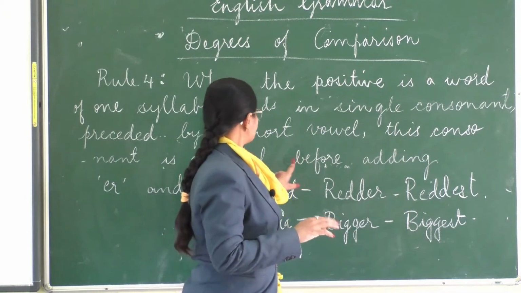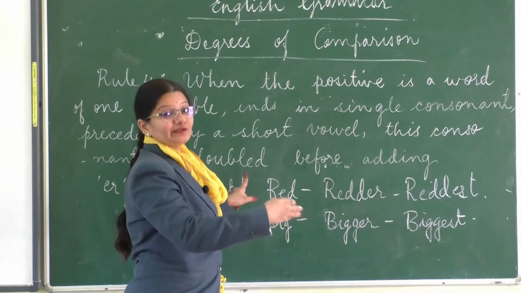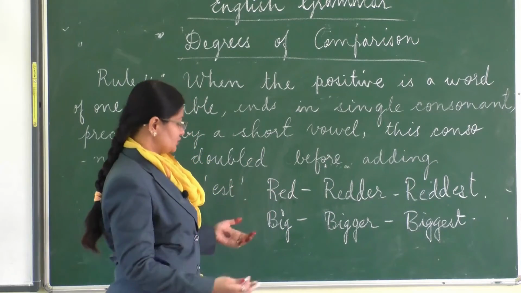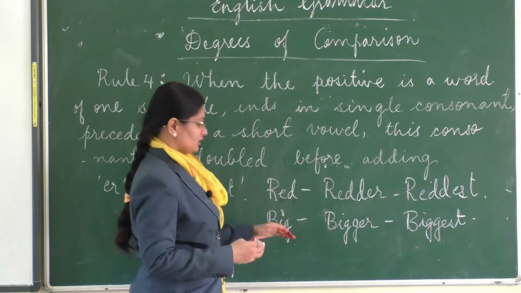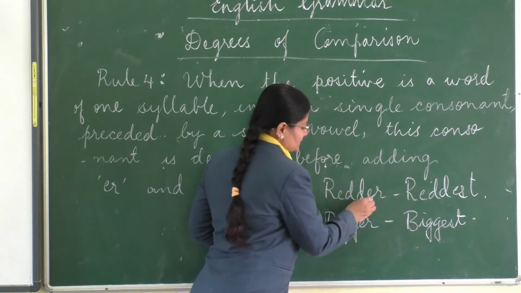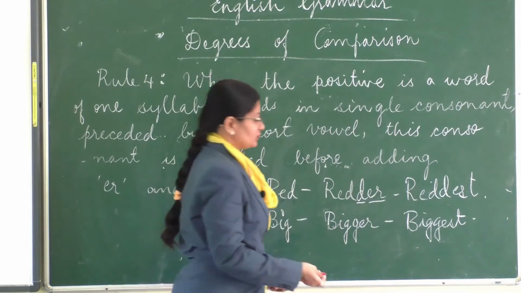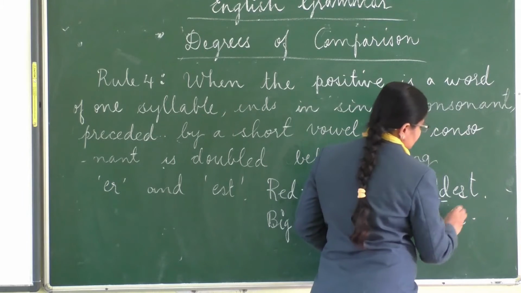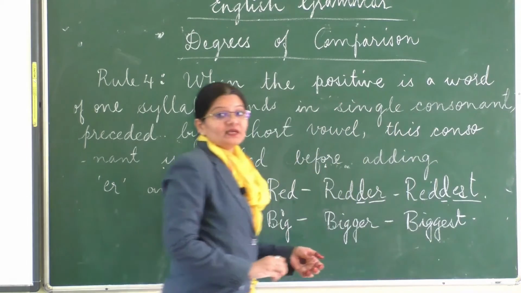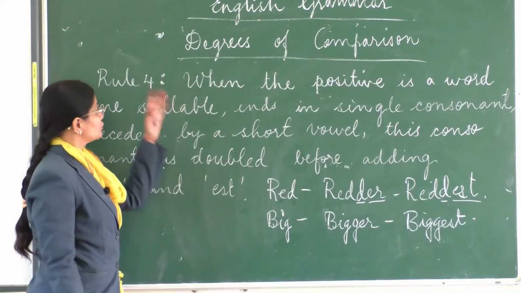To change that form to comparative and superlative degree, we simply double the consonant. See here, I have doubled the d, and you add er as a regular form, and then double d there, and then est. So this is the example of rule number 4.